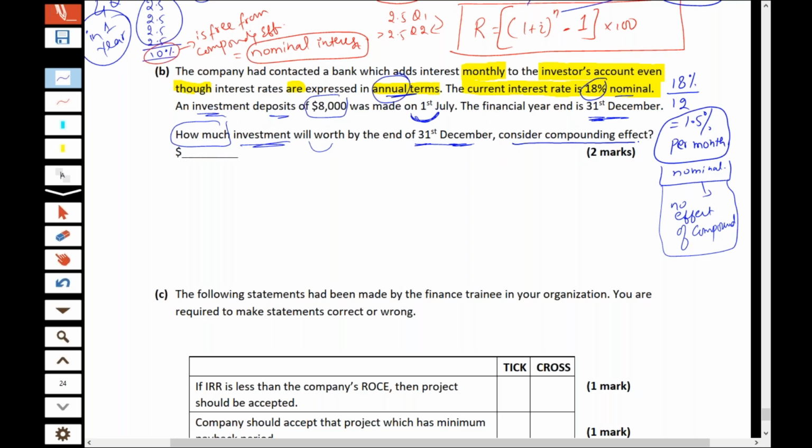Consider the compounding effect. Can you try to solve it? I'm not giving any time limit, but be careful that we have 10 to 15 minutes left. So I'm giving you 3 to 4 minutes to think about this question and try to solve it. What could be the exact answer?